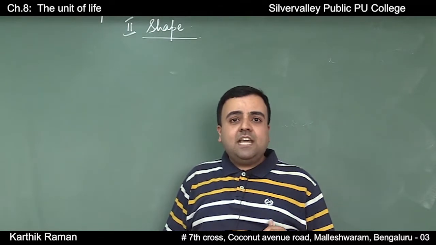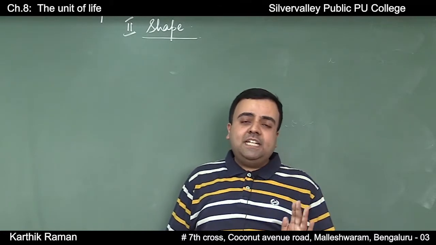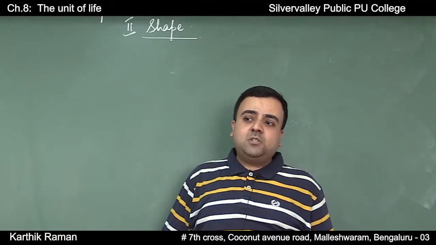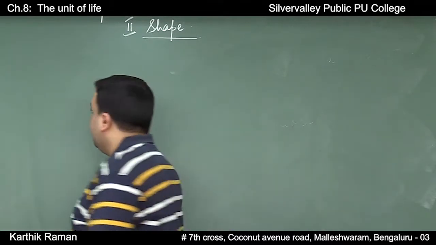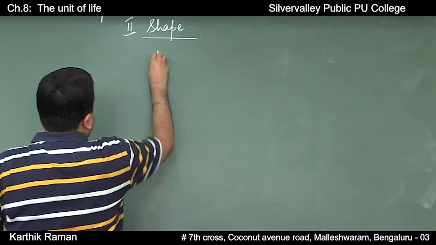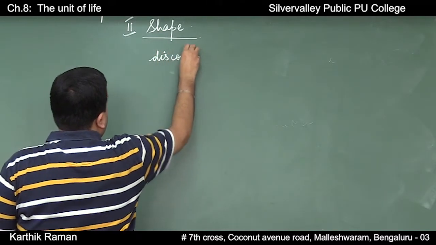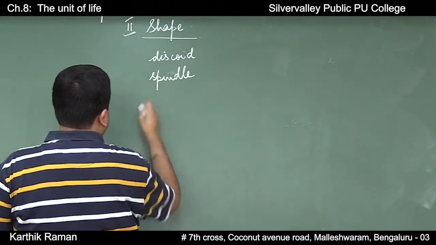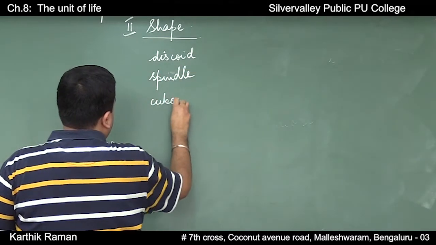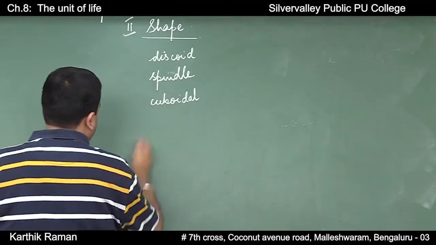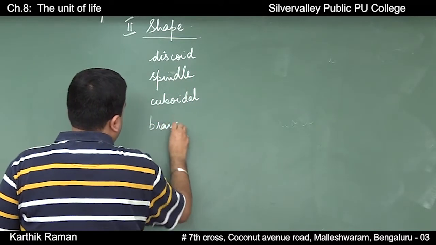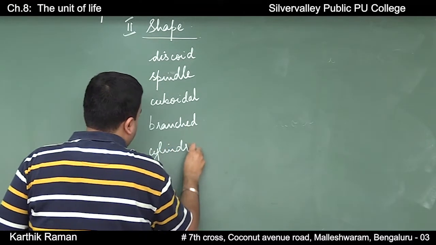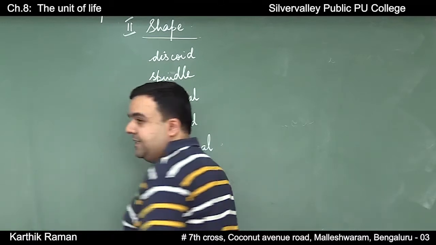So the cells can assume different varieties of shapes, and that is going to depend on the function that it is going to perform. So here the shapes of the cell can be discoid, spindle shaped, cuboidal, branched, cylindrical.